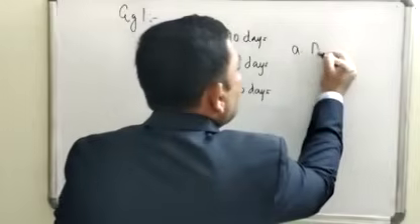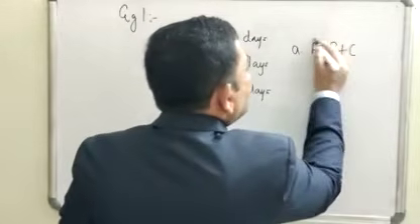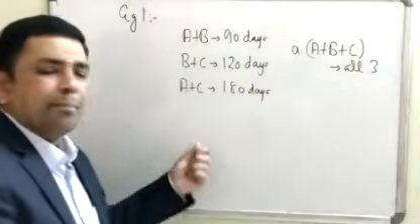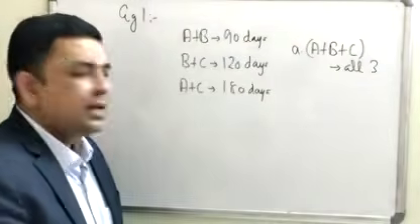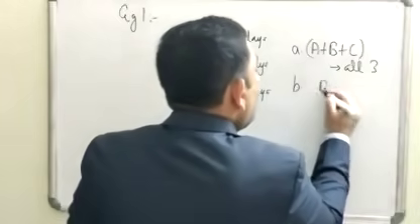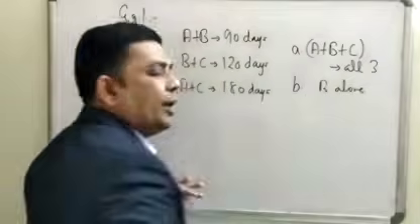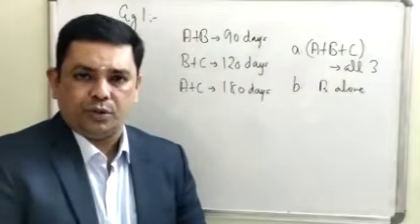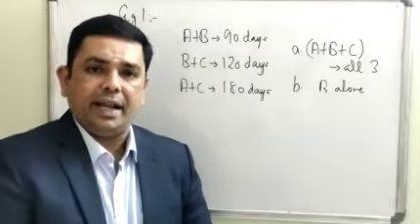The first question could be, in how many days will all 3 of them together complete the task? The second question could be, in how many days can B do it alone? And you can frame other questions also. I hope you are understanding.